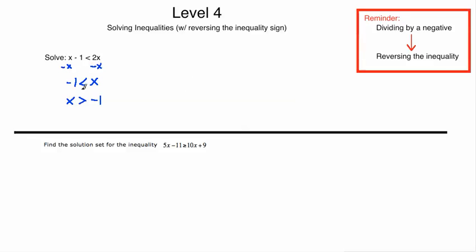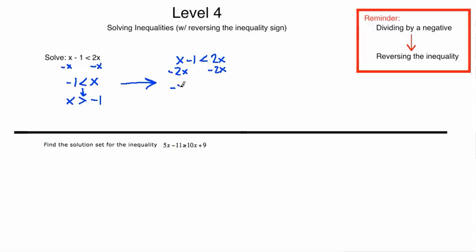You'll notice here, though, that the inequality sign switched direction. But so did the x and the -1. They switched places. So let's do it now where we're dividing by a negative. Let me rewrite the question. In this case, I'm going to bring the 2x to the other side.